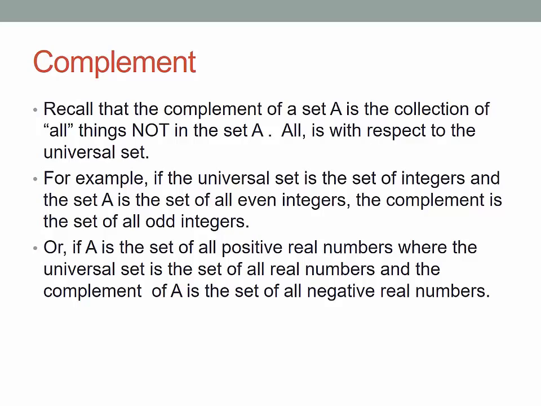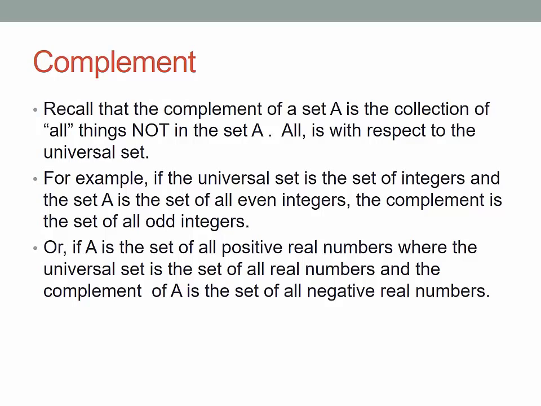Now let's talk about the complement for a minute. What is the complement of a set? The complement of a set requires that we identify a universal set. And then the complement of a set A is the set of all elements in the universal set that are not in A. For example, if our universal set is the set of all integers, and the set A is the set of all even integers, then the complement is the set of all odd integers.